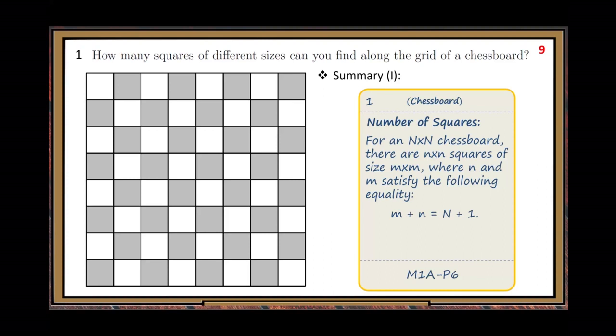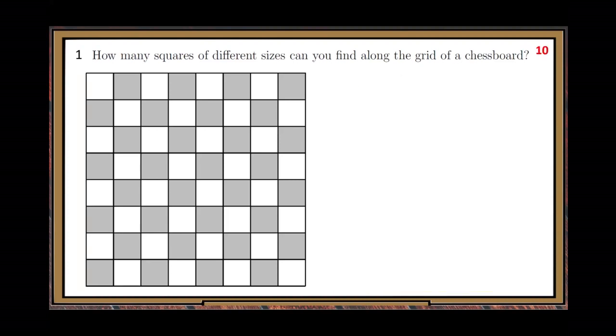I also give you the reference here, where to find the knowledge point of this flashcard in Module 1, Part A, page 6. That's the first knowledge point we can learn from our first example.